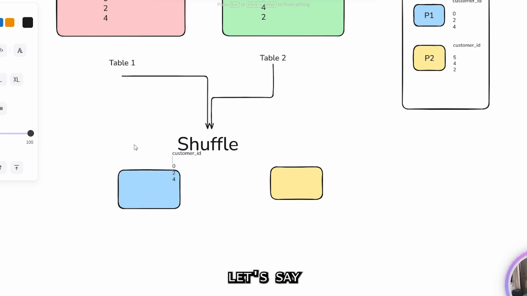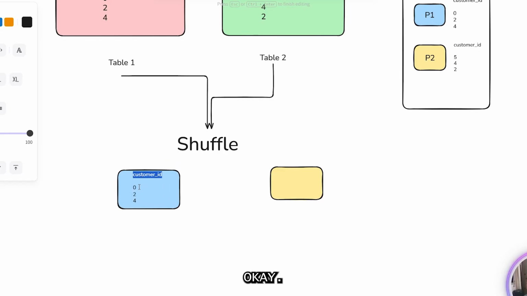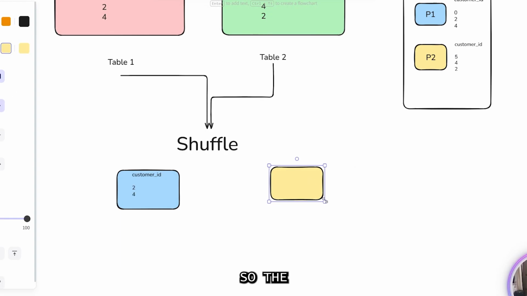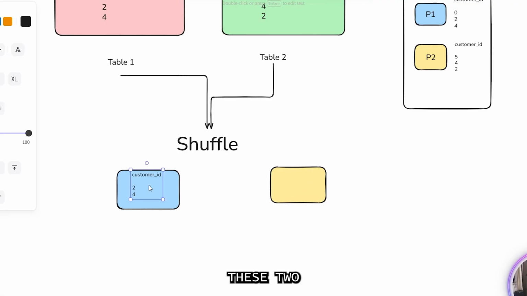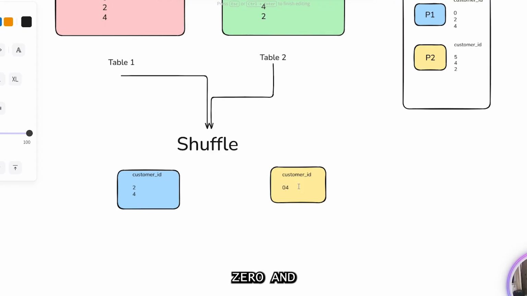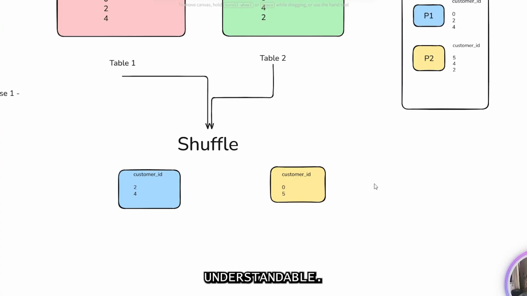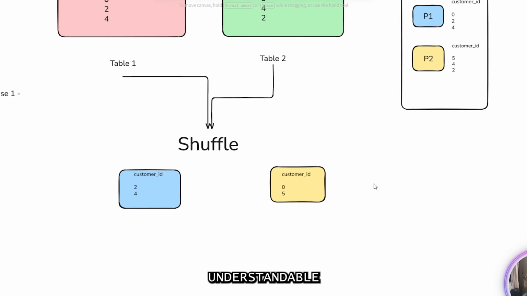Let's say it brings customer ID 2 and 4 here, since 2 and 4 are common. And 0 and 5 didn't find any match, so the customer IDs for these two will come over here. Clear this part? 0 and 5. Is this understandable by you guys? I hope it is understandable.